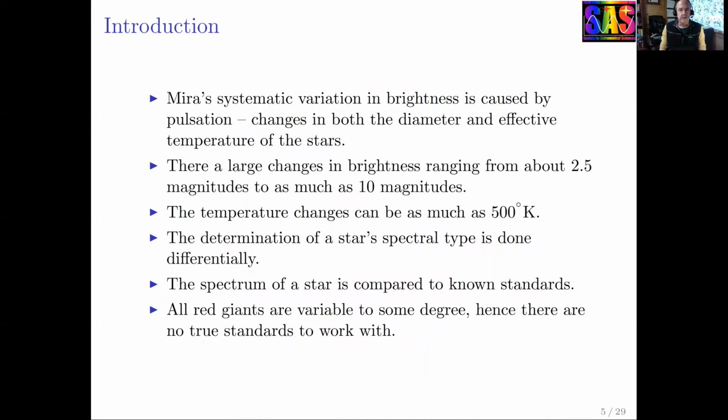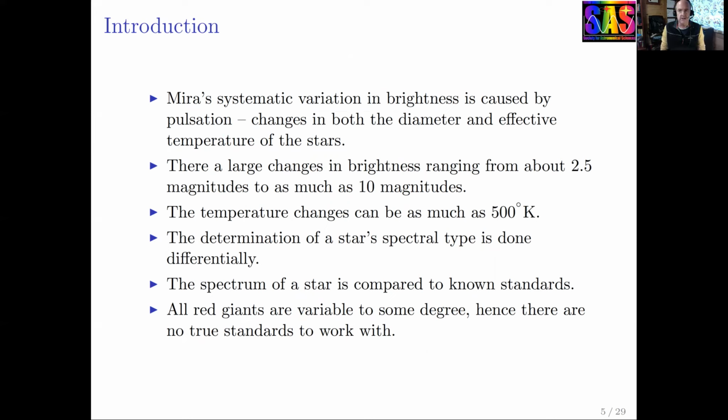Miras' systematic variation in brightness is caused by pulsation, and this has two effects on the star. It changes both the diameter of the star and also its effective temperature. For a star to be classified as a Mira, it must have a light curve amplitude in the visual of a minimum of 2.5 magnitudes, but they can be as large as 10 magnitudes.